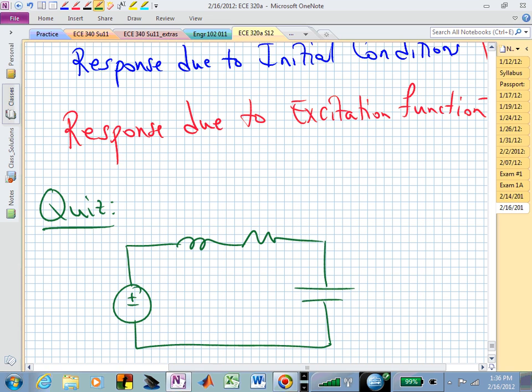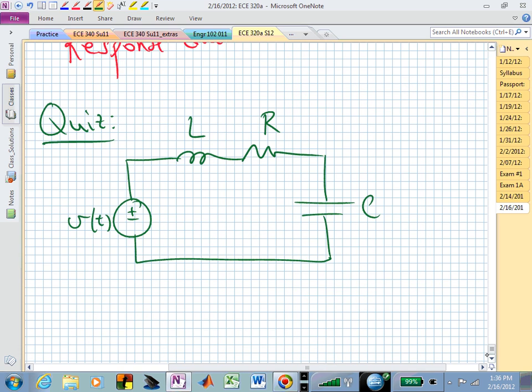I want you to find the governing differential equation for this RLC circuit. Suppose this is now your input V of t. This is L, this is R, and this is C.